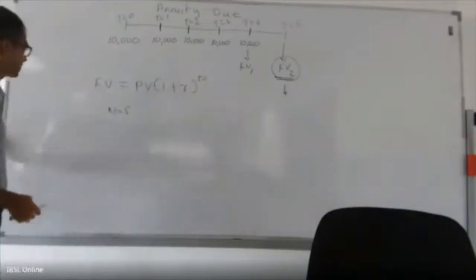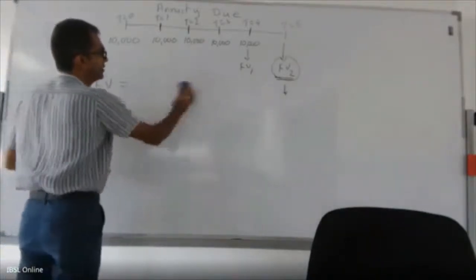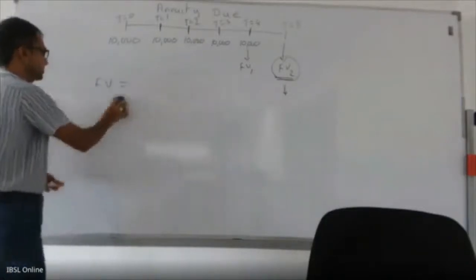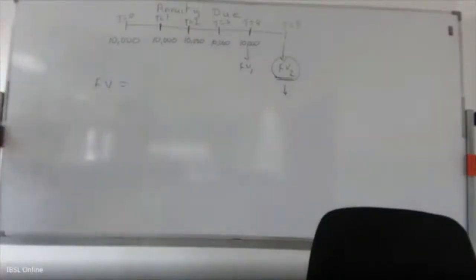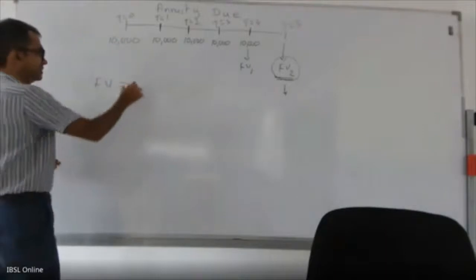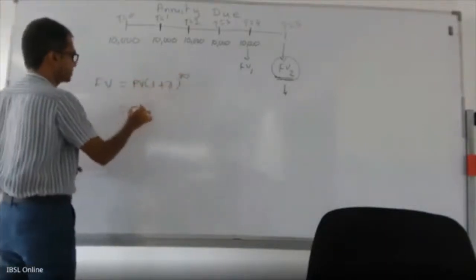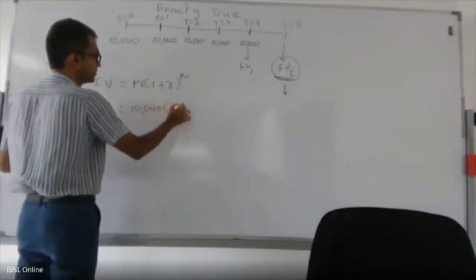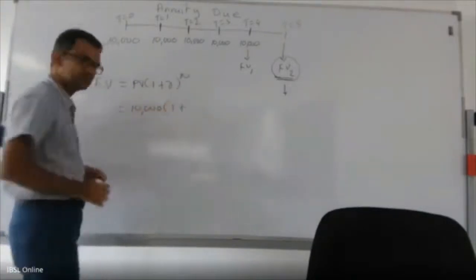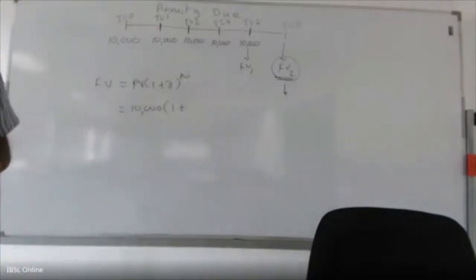But if we have to use the annuity equation, how can we do that? Still we have to calculate the future value of the first cash flow using this equation. Here we put 10,000 times 1 plus the interest rate. What was the interest rate we considered last week?